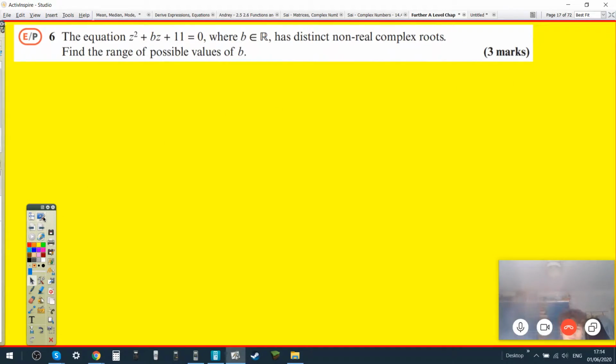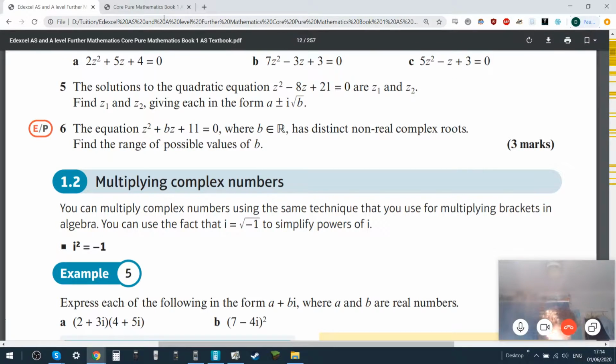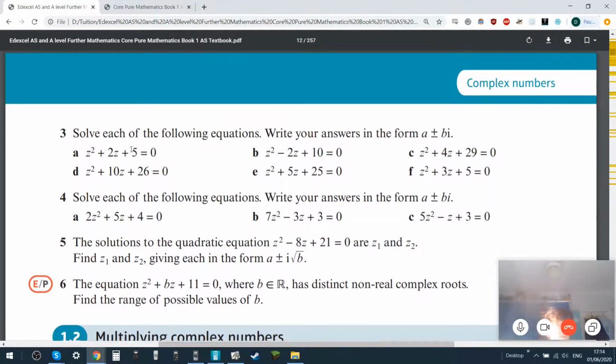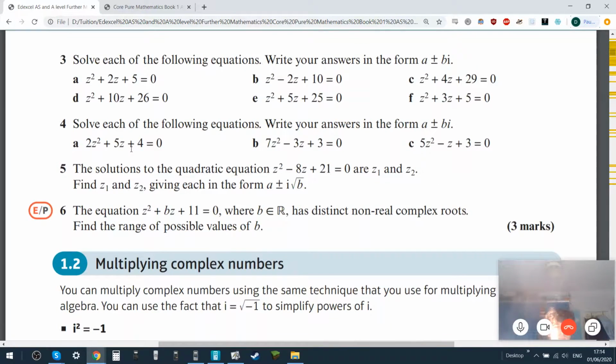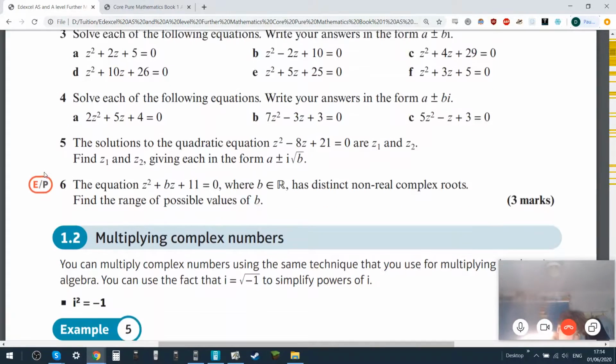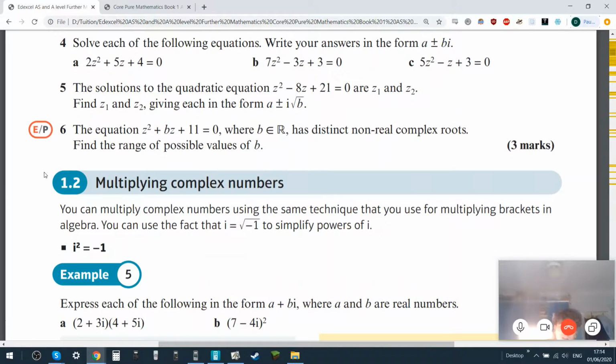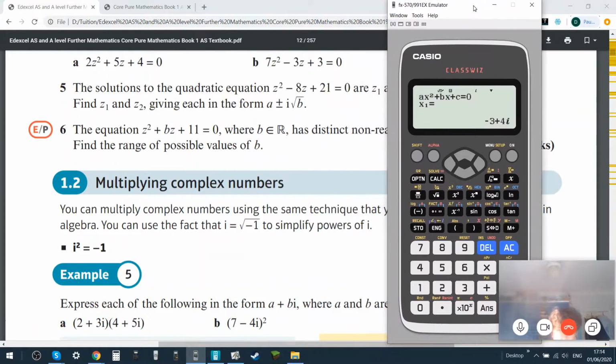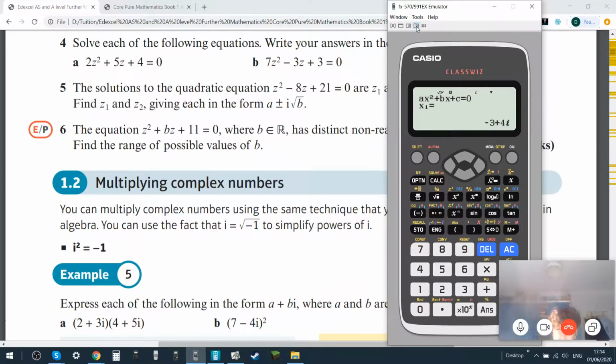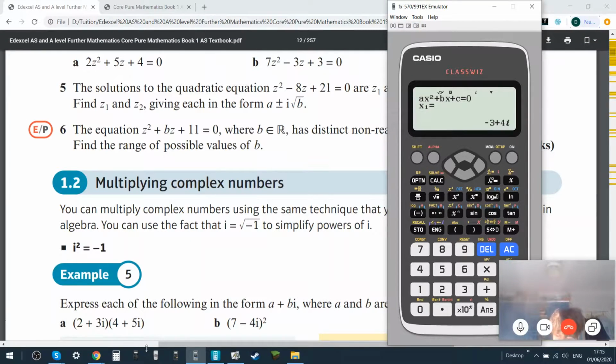Hang on. Do I try to find a practice question just so we can have some practice on this stuff? Yeah. Let's try question 5 there. Okay. Solutions of the quadratic are of the form... Okay, so z squared minus 8z plus 21 equals 0.